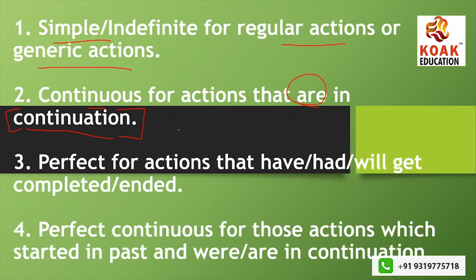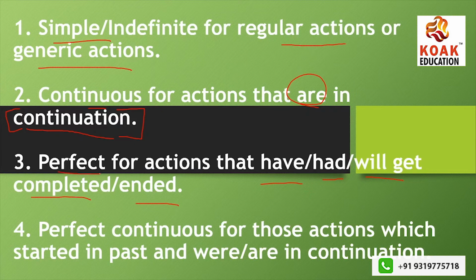Any action that is going on at present, any action that was going on in continuation in past, or will be going on in continuation in future. So we use continuous for continuous actions. That's it. Perfect is for actions that have, had, or will get completed or ended. That have ended, that had ended, or that will get completed, you will be using perfect.